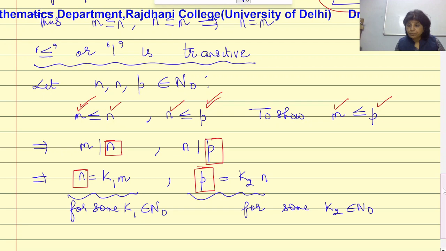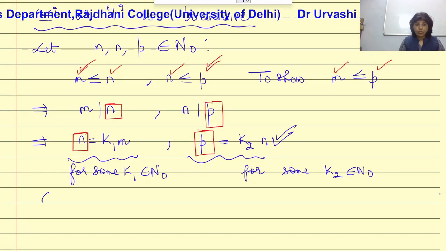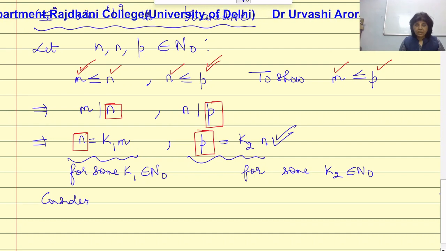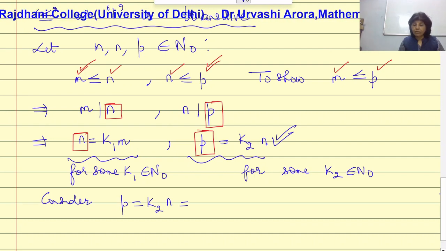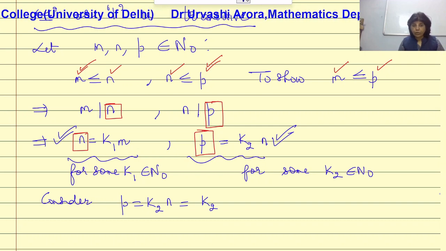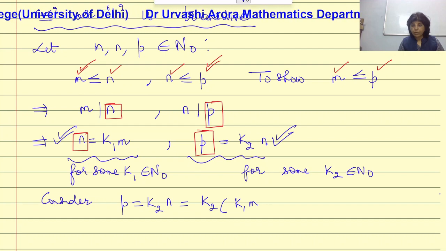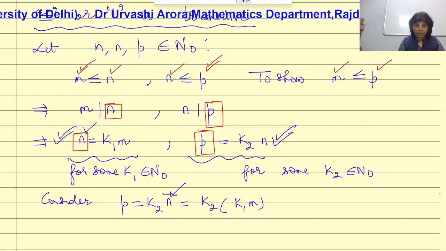Now what I do is I consider the second expression, which is this one. So consider p is equal to k2n, and in p is equal to k2n I put the value of n. The value of n is here. So this is equal to k2 into k1m. I am putting the value of this particular n from here.